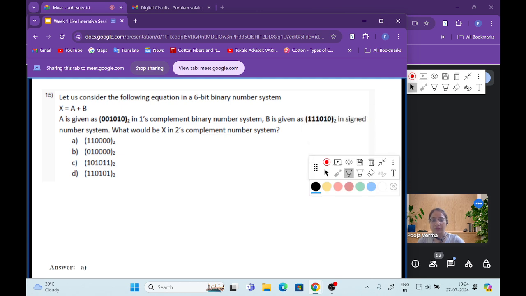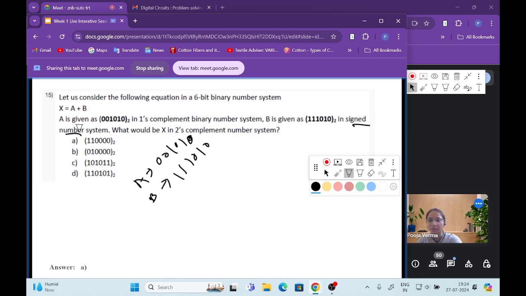The next question is, let us consider the following equation in a 6-bit binary number system. x is equal to a plus b. a is given as 0 0 1 0 1 0 in 1's complement binary number system, and b is given as 1 1 1 0 1 0 in signed number system.